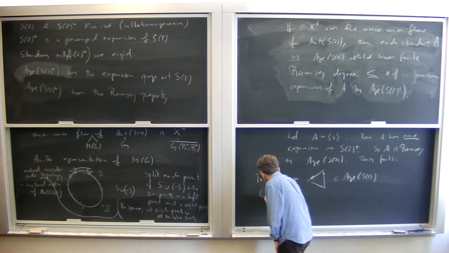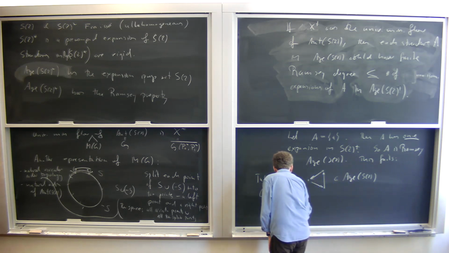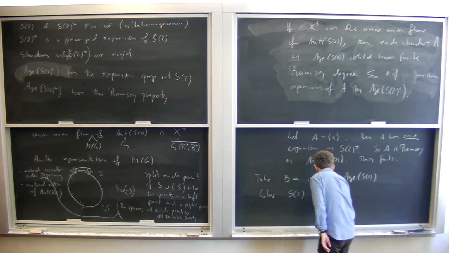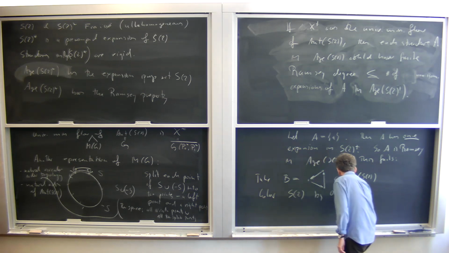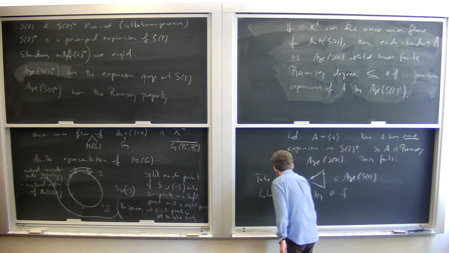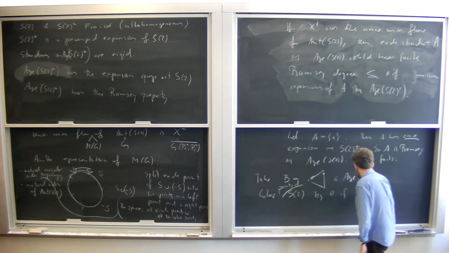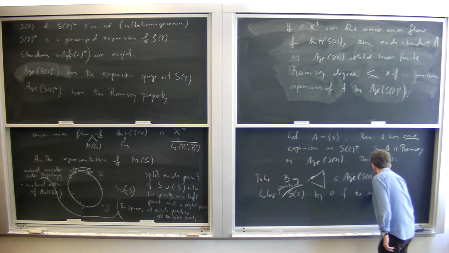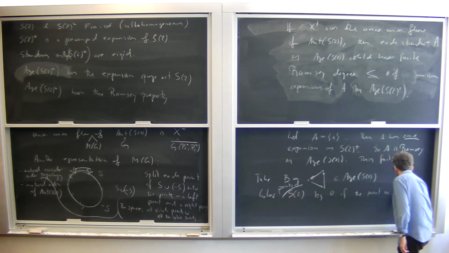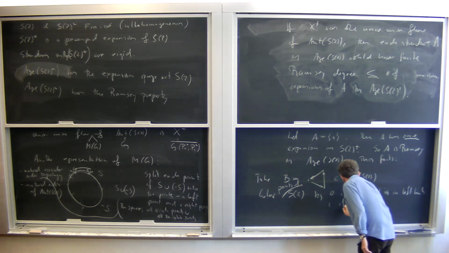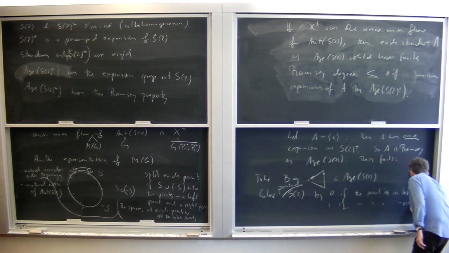Okay, so now color S of 2 by 0 if the point is in the left half, the column is in the left half, and 1 if the point is in the right half.